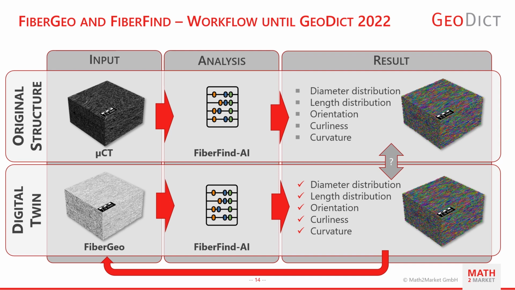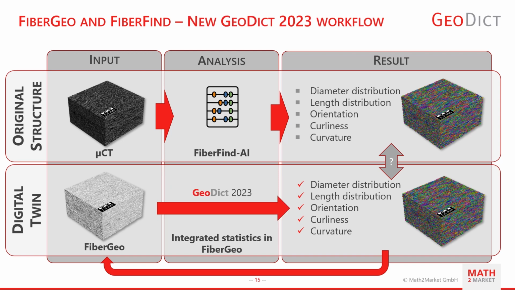So with GeoDict 2023, we changed this. With the new version, we directly incorporated the geometrical statistics you get out of FIB-Find into the FIB-Geo result, because the individual fiber information is already contained in the FIB-Geo model.